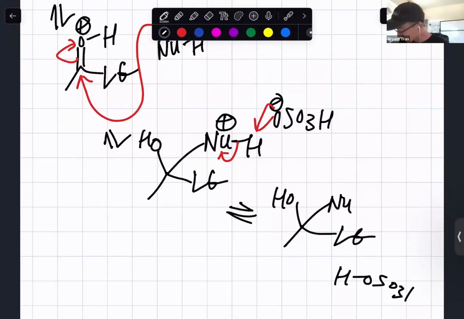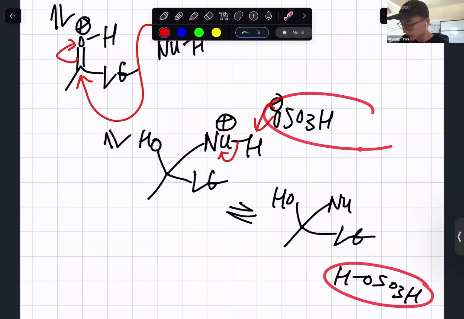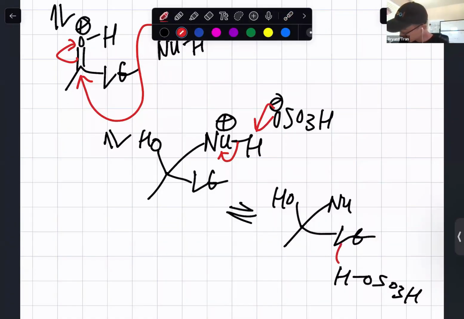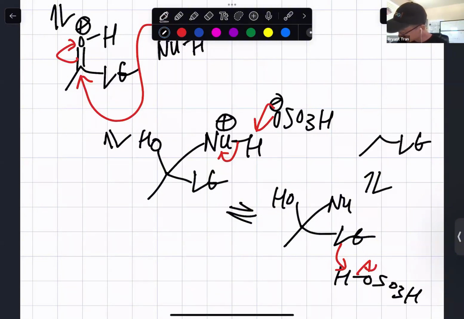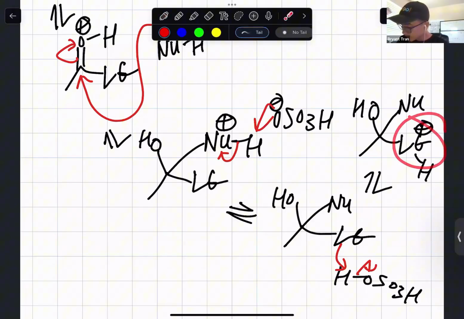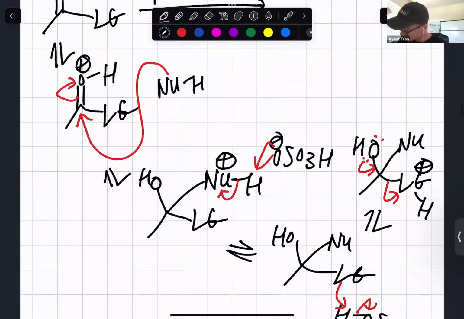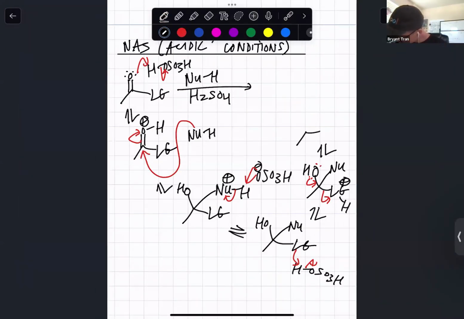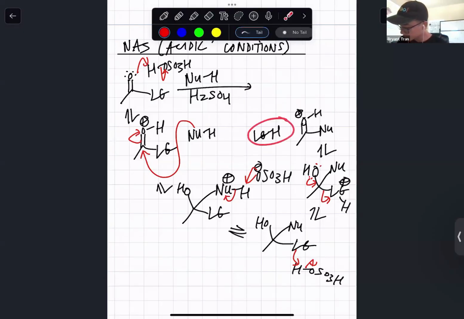So to do that, we can protonate it with the reformed acid catalyst that we just made in the last step to get this protonated leaving group right here. Okay, now from here, once we have this good leaving group, we can reform the carbonyl and kick out that leaving group, which leaves as a neutral molecule.